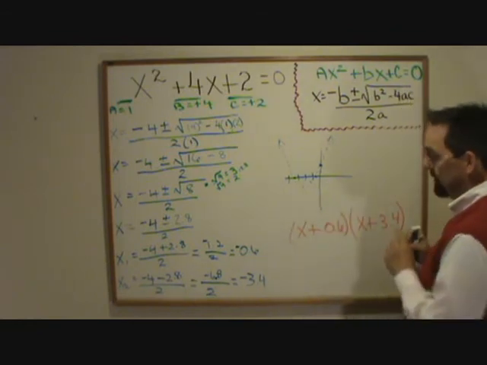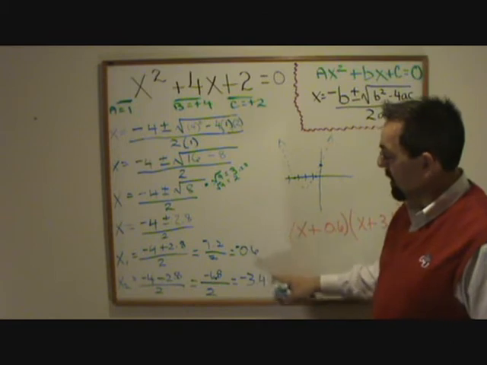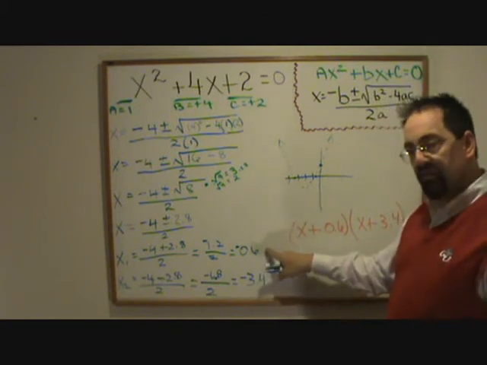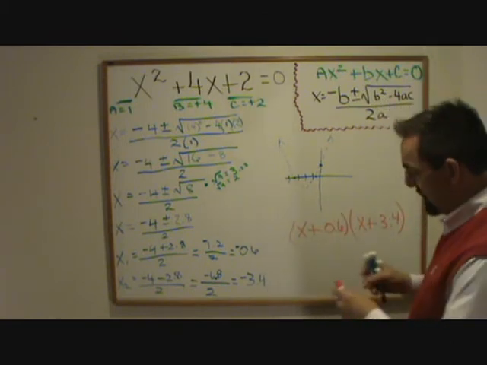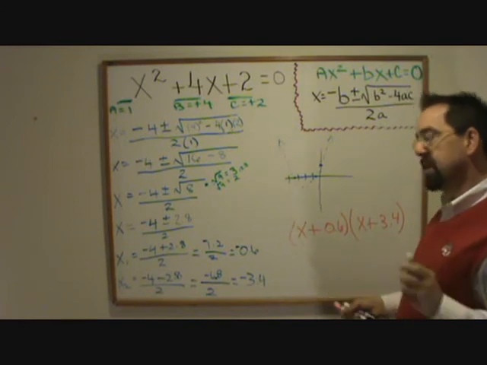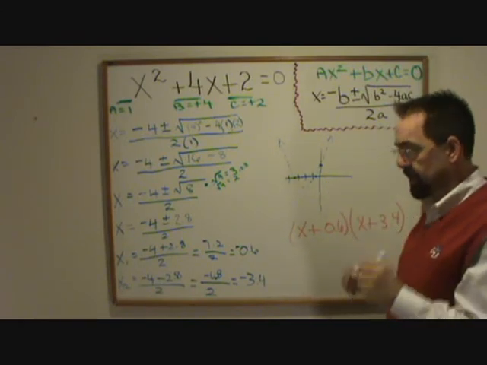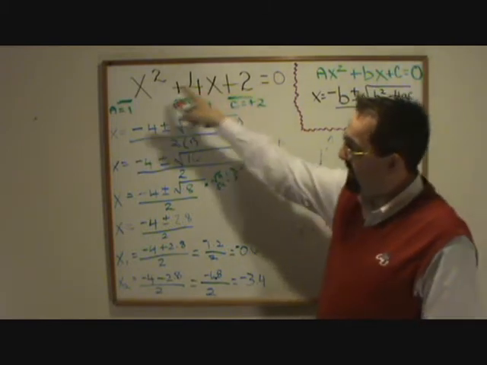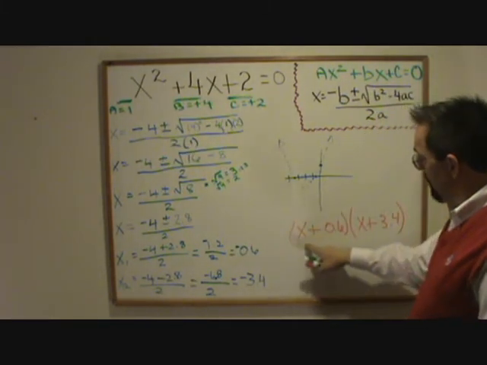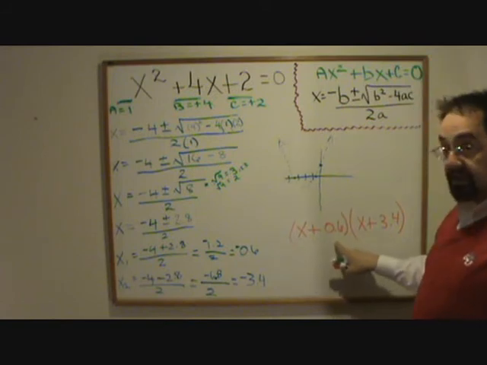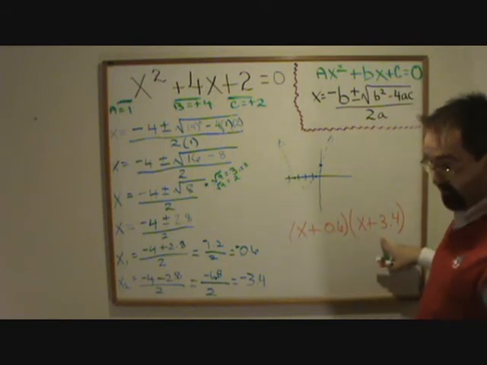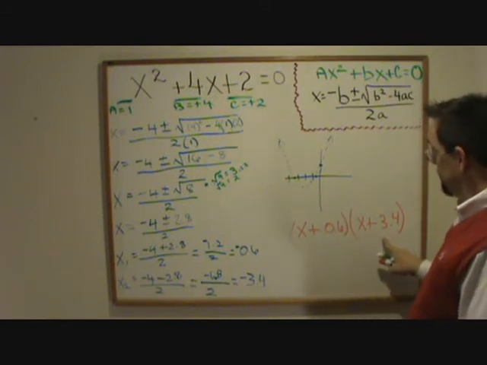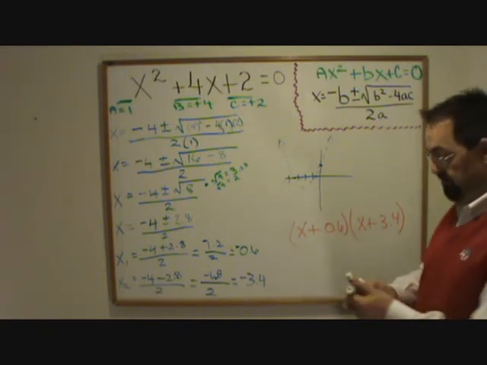So that's really cool. Now, if you're confused, how did I go from this step to this step? Watch this. All we're saying is when we factor an expression, can we make this expression 0? Well, if I take this and make it a 0, 0 times this would be 0. Or if I make this 0, 0 times this is 0.